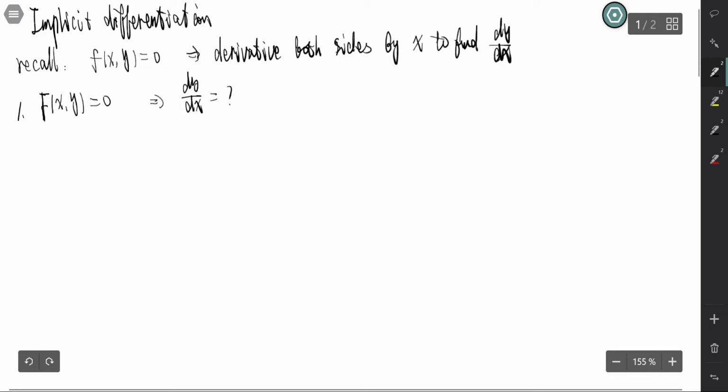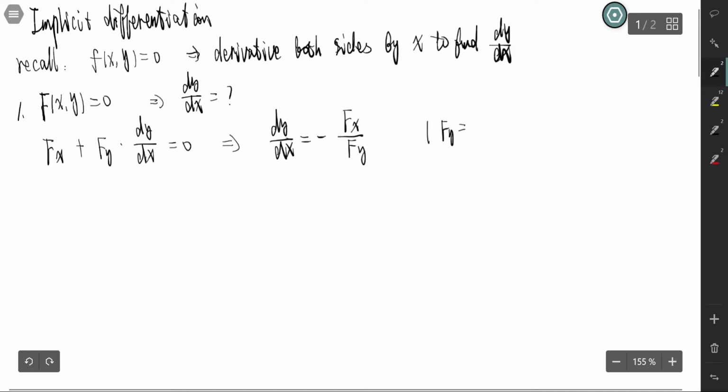Then f_x plus f_y times dy over dx equals 0. That is, dy over dx equals negative f_x over f_y, provided f_y is non-zero.